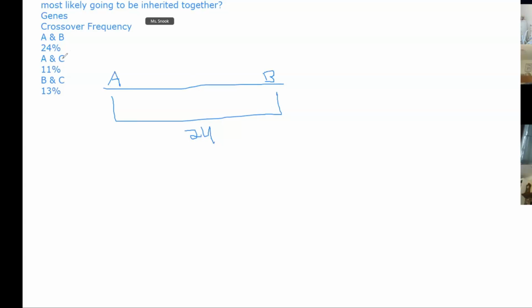So then I want to see where C is in comparison to B. If C was more than 24 from B, I would know that C is to the left of A. Since C is less than 24 away from B, I know that C lies somewhere between A and B. So it's 11 units from A and 13 units from B. I'm going to put C here, and this is 11, and this is 13.